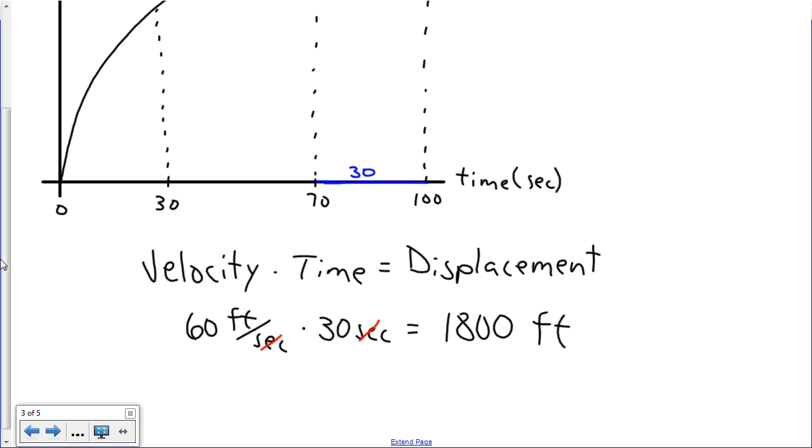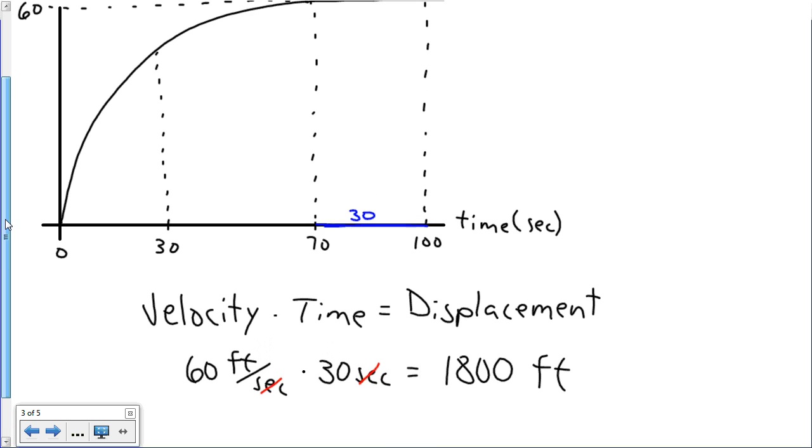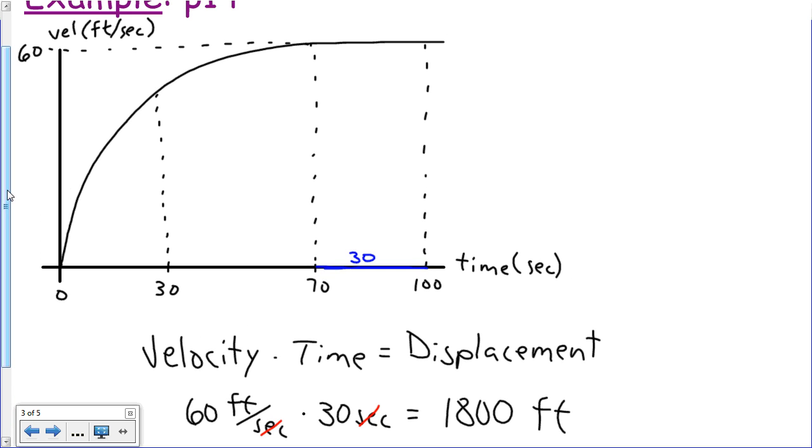Now, if you consider what we've actually found here, it's an interesting connection to the definite integral when we look at the graph. The 30 seconds, as you can see I've marked on the x-axis, indicates the horizontal distance, that is, the distance from 70 to 100 seconds. And the 60 is actually this distance right here, because that's the y value, the velocity we're traveling at.